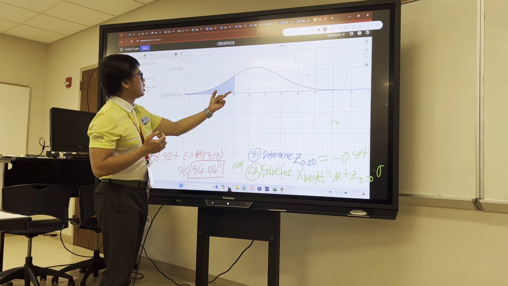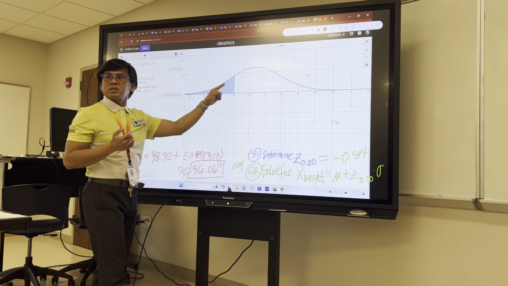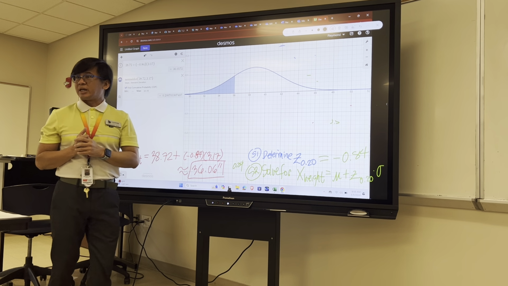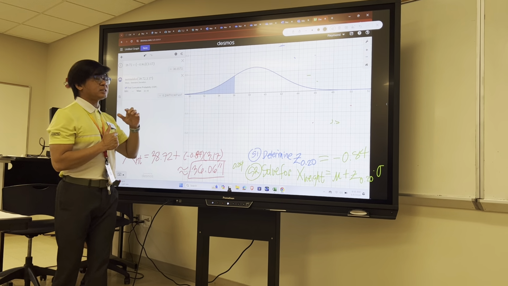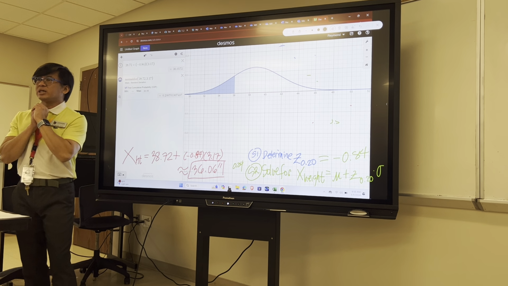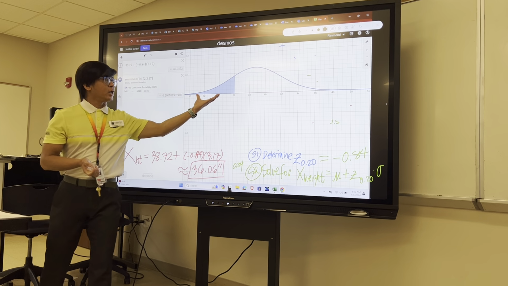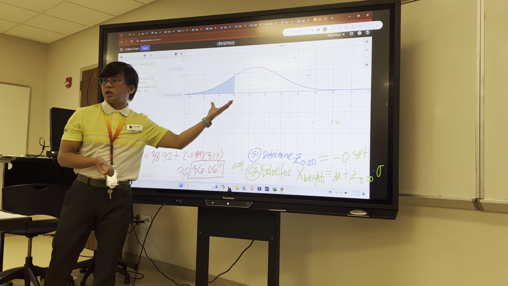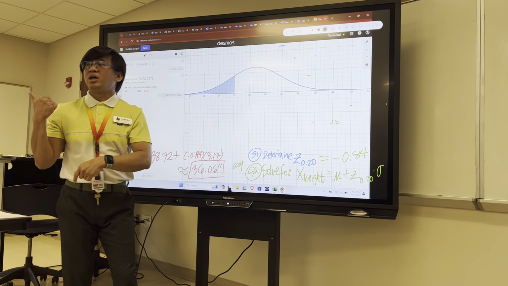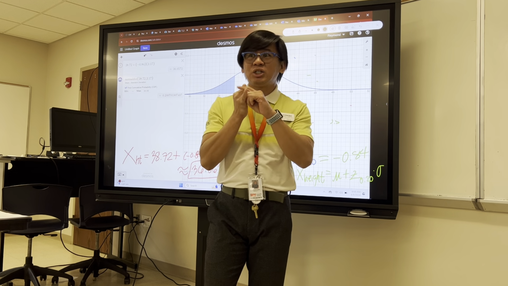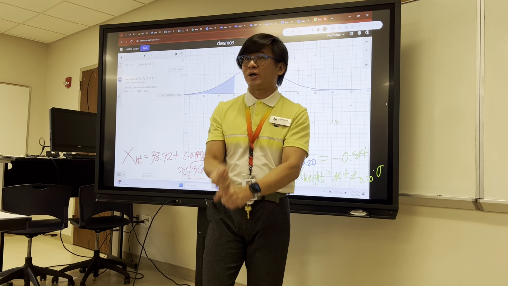And this shaded part is how much? 20%, right? So that means that 36 inches is on the 20th percentile rank, which means that 20% of this population have heights less than 36.06 inches. So yes, you can verify it either by StatCrunch or Desmos.